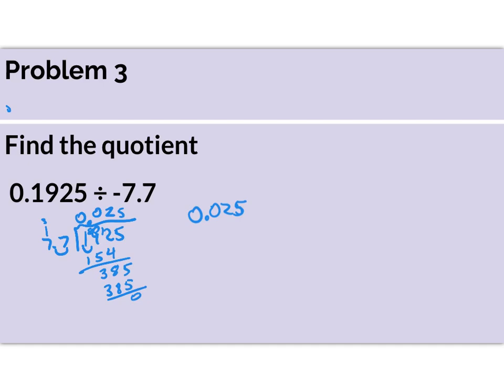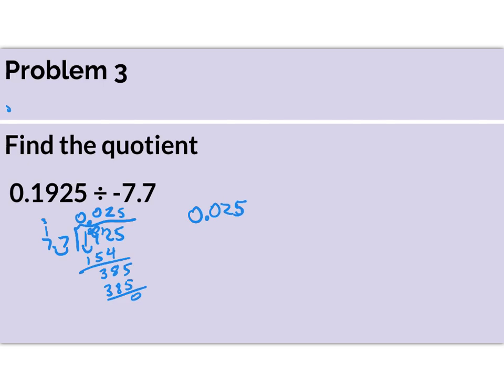Okay, this concludes dividing by decimals. I know it's a lot of work, and most people don't like doing it, but math is not hard. It requires you to set things up the right way, and then you have to do the work. And if you keep everything neat and organized, it's very easy to do. It is time consuming.